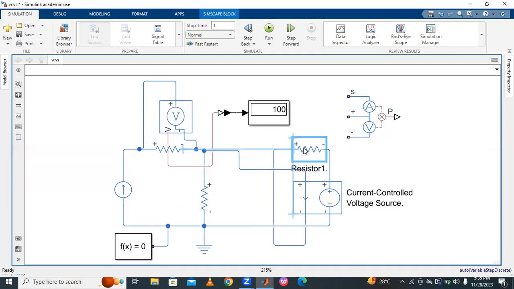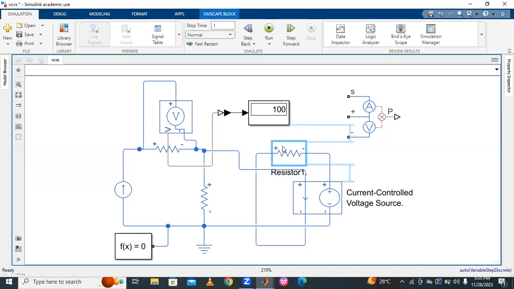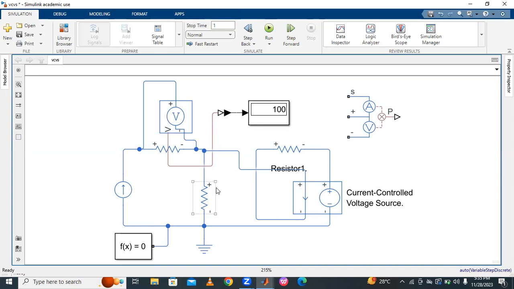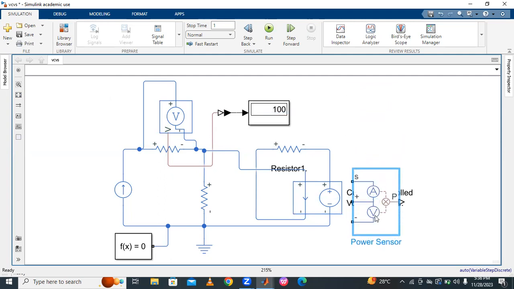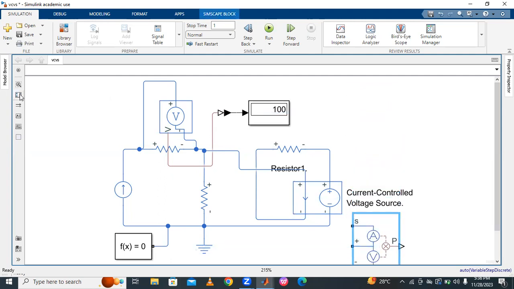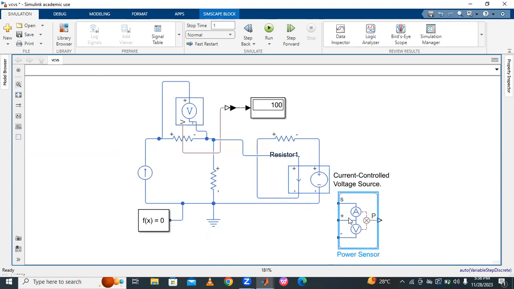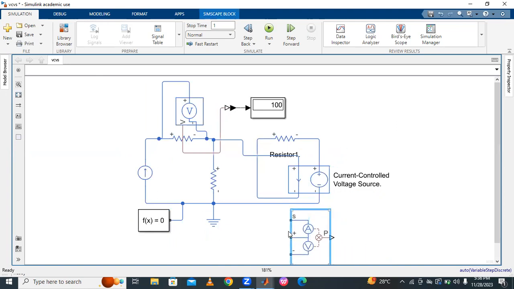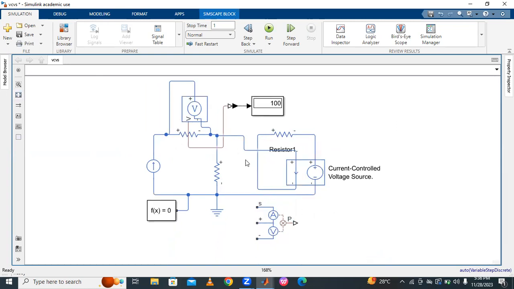So how to connect: for example, here you want to measure the power. If you are connecting the power sensor to measure the power, the circuit will look zigzag. That's why I'm connecting the power sensor for measurement of power here.